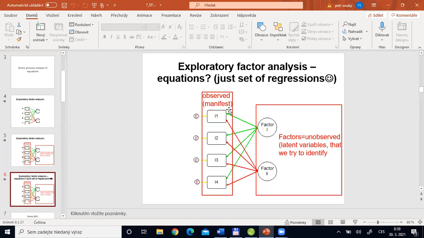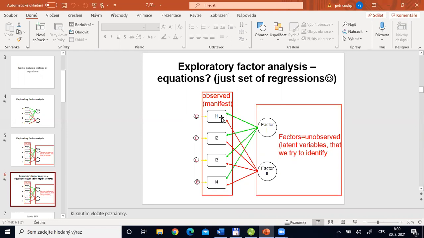So let's start with the first equation we can find here. The first dependent variable is the first manifest or observed variable I1. And what would be the equation for I1? So I1 is influenced by factor 1 and factor 2, and also it is somehow influenced by some unobserved random error that could be present.